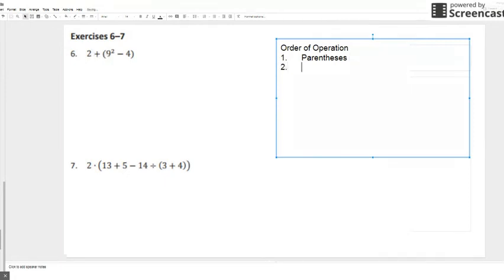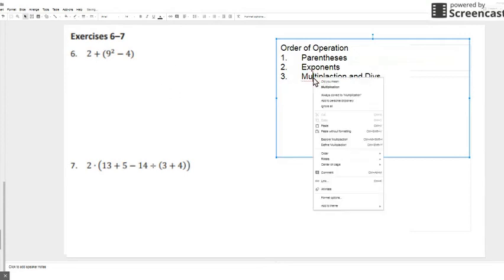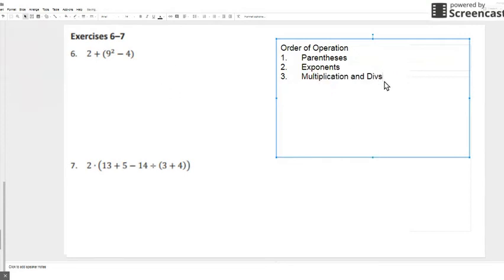Once we've taken care of everything inside the parentheses, the next thing we want to do is take care of the exponents. That's step number 2. As we continue going through order of operation, step number 3, we get to our 4 basic operations. Multiplication and division come next.